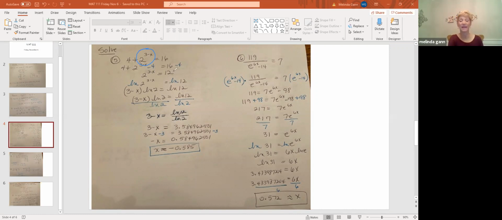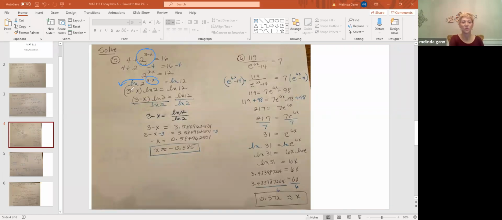Remember what we said in class, when you get the number to the letter by itself, that's when you take the natural log of both sides. Because then I've got that rule that says I can take this power and pull it down front. So that's what I did right here. I pulled it down front. Now I'm trying to get x by itself, so I've got several things to get rid of.